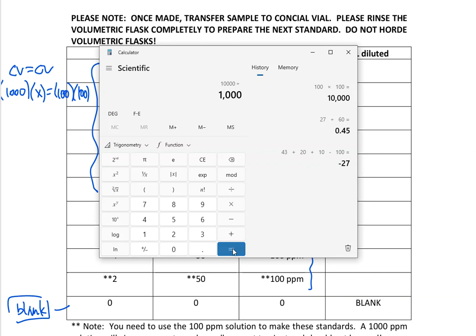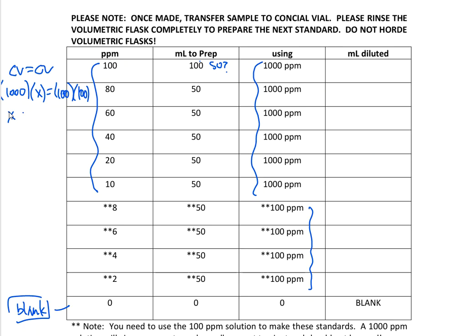When we do that, we see we'll need 10 milliliters in order to make that particular standard. So x is going to be 10 mL. So I need 10 mL of a 1,000 ppm solution. I need to put that into a 100 mL volumetric flask and dilute to the line with water, and that will make a 100 ppm.